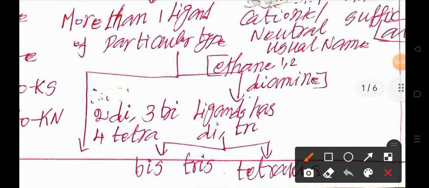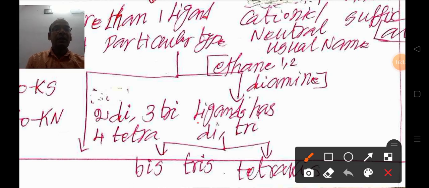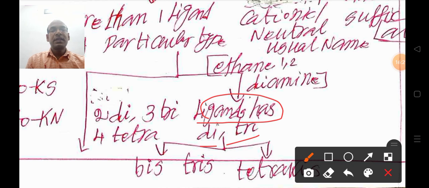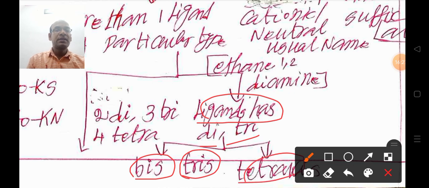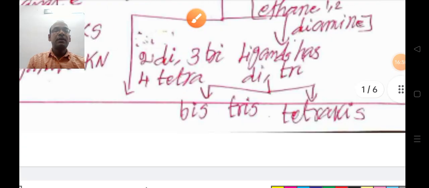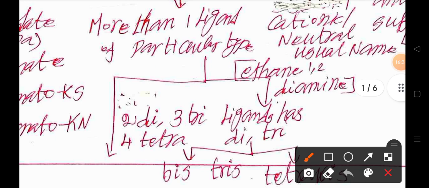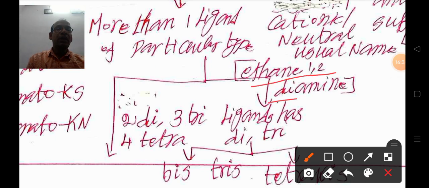Suppose the ligand name itself has di, tri, tetra. In this case, we use bis, tris, tetrakis. For example, ethane 1,2 diamine. The name itself has the di. In this case, use the bis, tris, and so on.